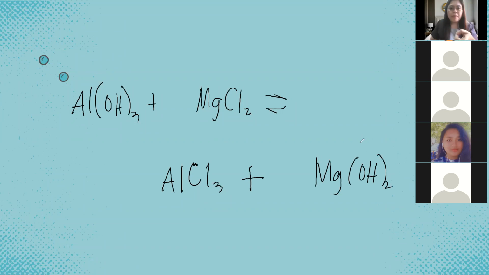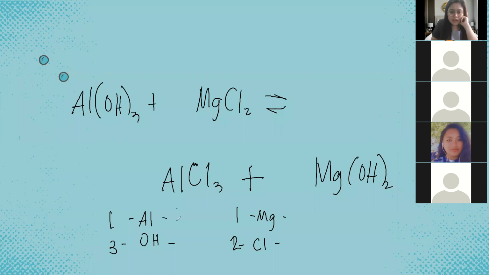Okay, so if I balance this equation, kung tandaan ninyo natay aluminum, OH, I don't separate the polyatomic ions if naga-balance kung equation. I count them as 1. Kaya pag ako nang i-separate, ugma pa ko mahuman sa balancing plus. And then the last one is Cl. So originally, we have 1 aluminum, 3 OH, 1 magnesium, 2 Cl.